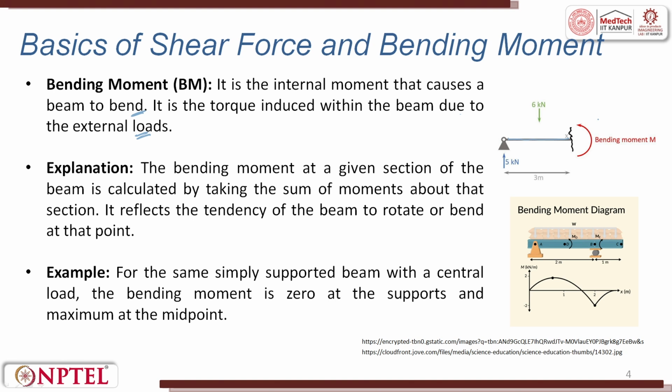Right. The explanation is: the bending moment at a given section of the beam is calculated by taking the sum of the moments about the section. It reflects the tendency of the beam to rotate or bend at the point.